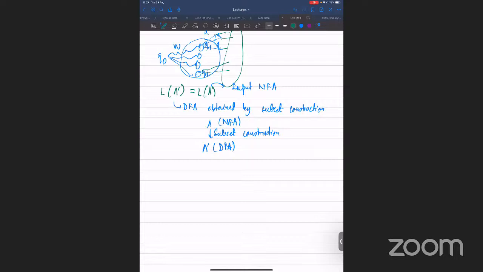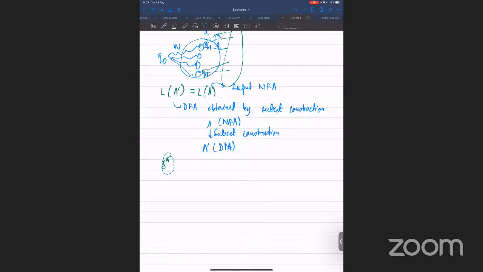So can someone tell me, what is the first thing we would like to prove here? How do I prove this? Can you think in terms of this delta star that we defined? And this is my initial state.